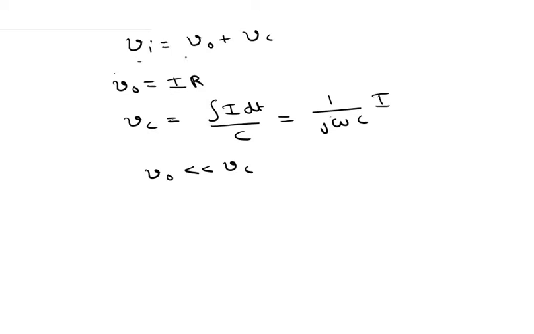So from this formula, if this quantity V0 is much less than Vc, then Vi is approximately equal to Vc, and Vc is basically the integral I dt divided by C.